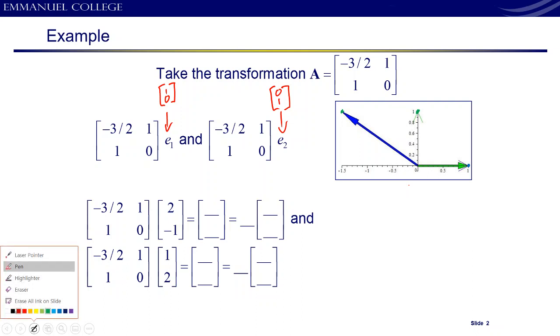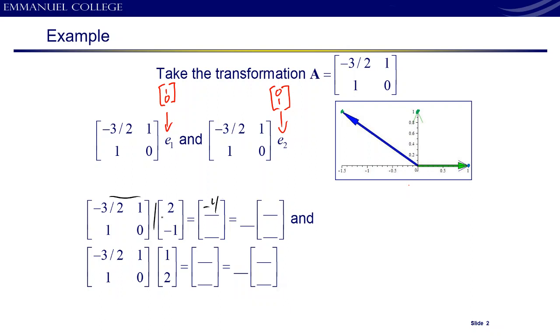Add those together and we get negative 4, because remember you do row times column. Then we do 1 times 2 plus 0 times negative 1. So we get (negative 4, 2).